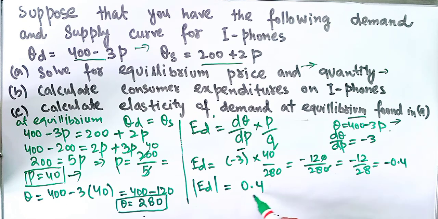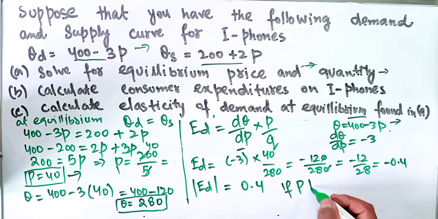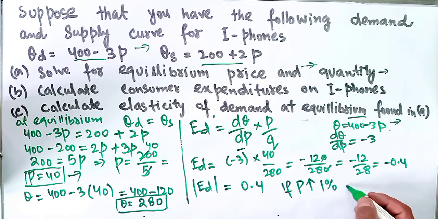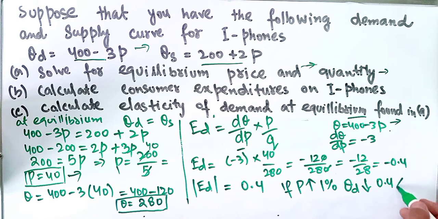Okay, so we always take the absolute value of the elasticity of demand, which simply means if price increases by 1%, then quantity demanded will decrease by 0.4%.